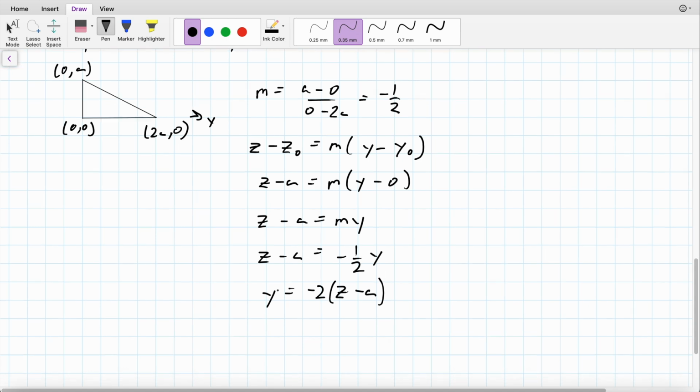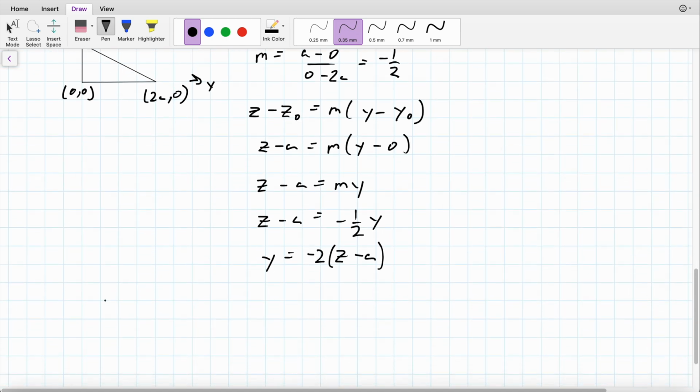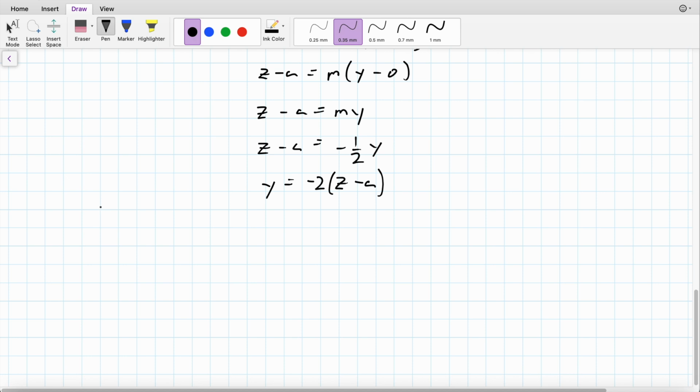Okay, that's better. Because now when we do our integral, minus 2, we're going from 0 to a of z minus a, parentheses, dz. Okay? Equal to minus 2 of, let me put these in brackets, z squared divided by 2 minus az, 0 to a.